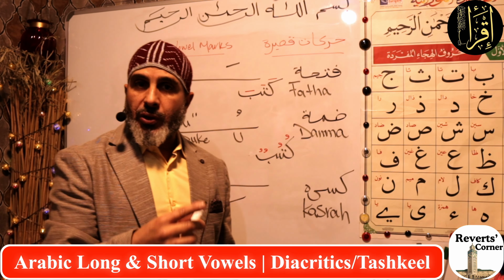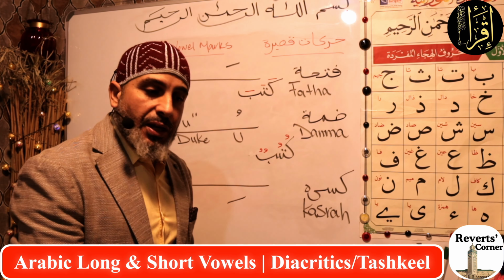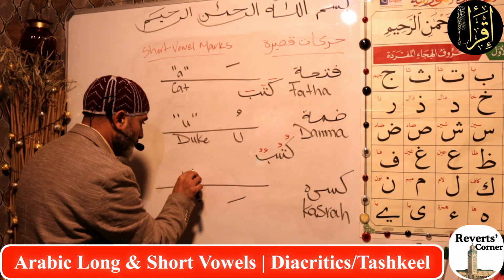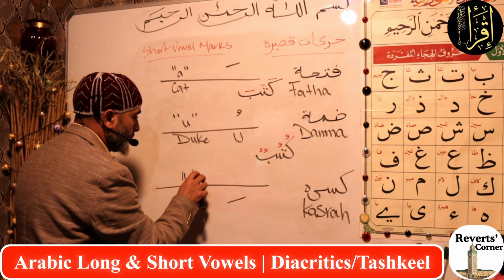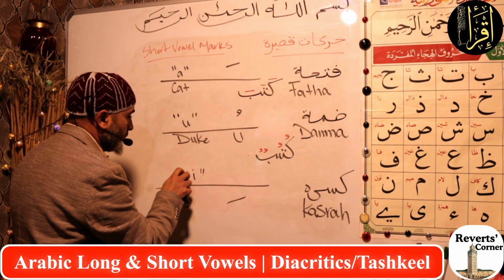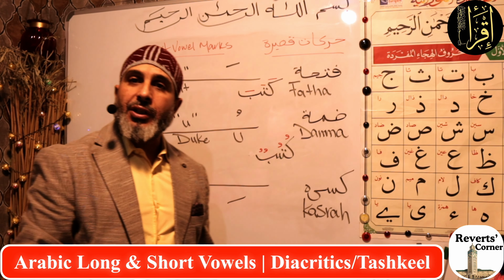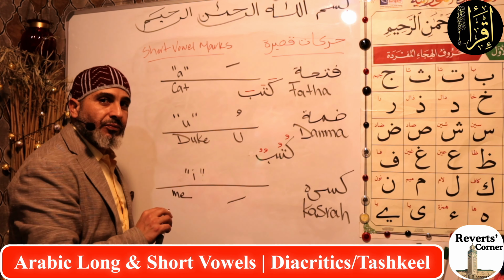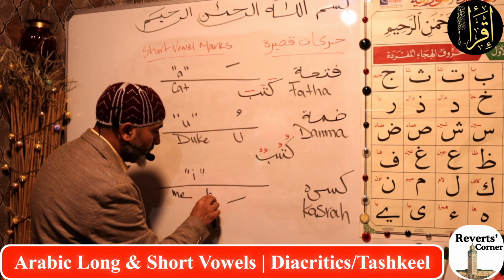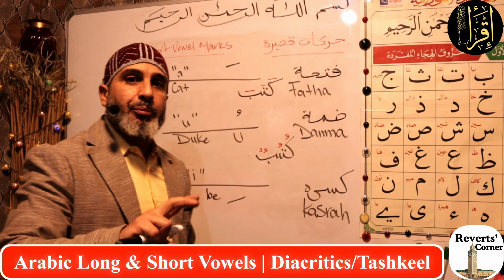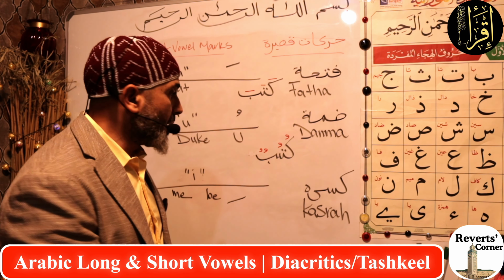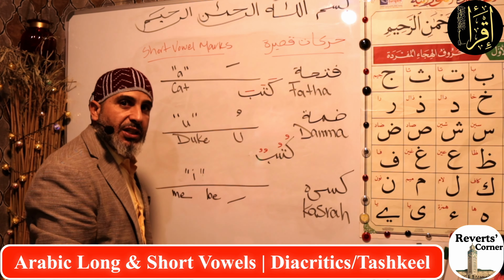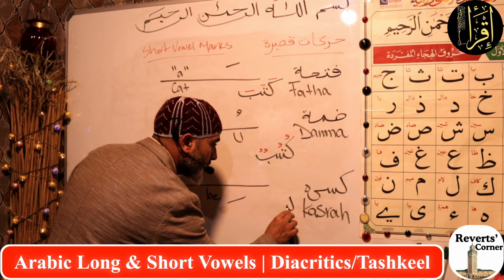It's called a Kasra and designates a short E, as in me, or B. Let's do kitab as an example.